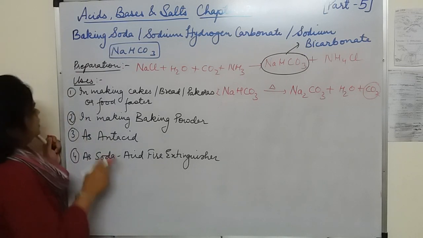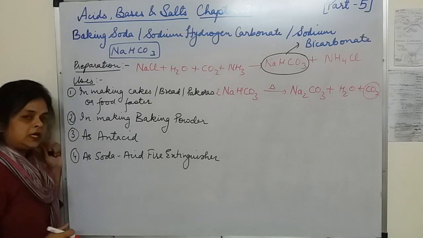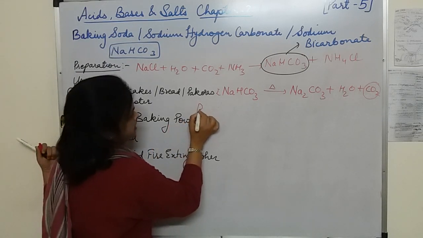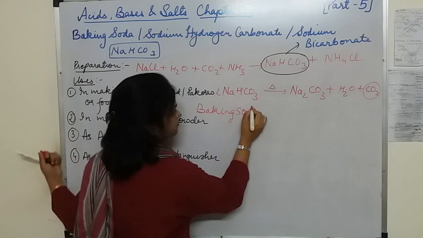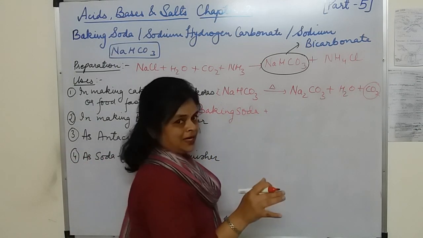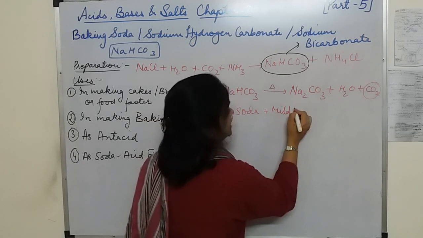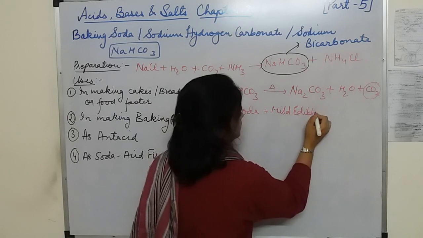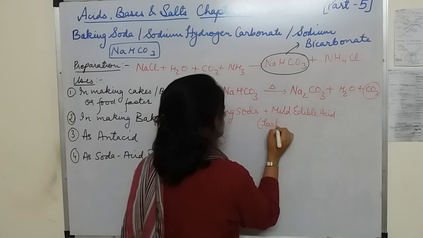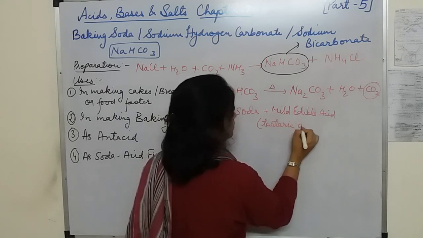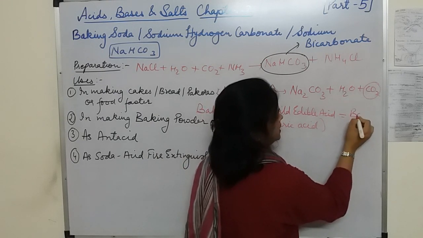Okay, now the second use I had written is in making baking powder. Baking powder is nothing else but baking soda, if some mild edible acid like tartaric acid is added, then it becomes baking powder.